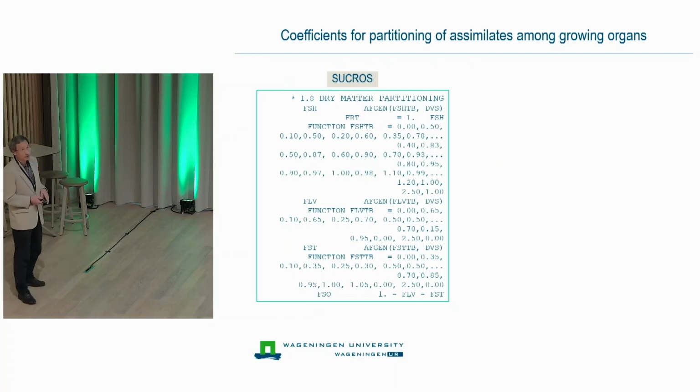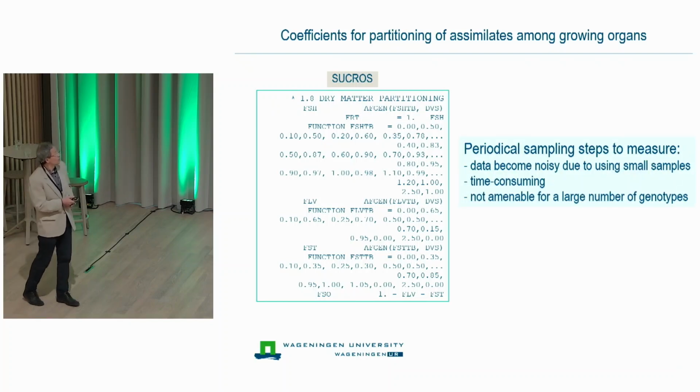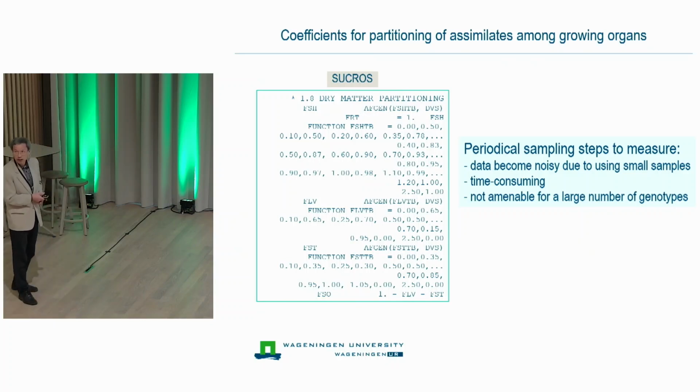What is the reason for that? Part of the reason, I think, is due to error in measuring the input parameters. Here it shows the partitioning coefficient of the assimilate among different growing organs. To get this partitioning coefficient for different genotypes, we needed to do frequent periodical destructive sampling of plant materials.